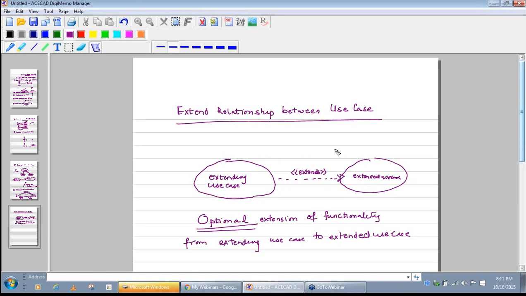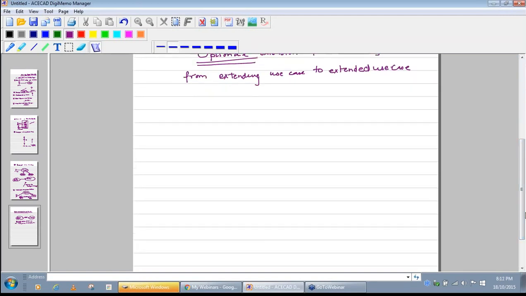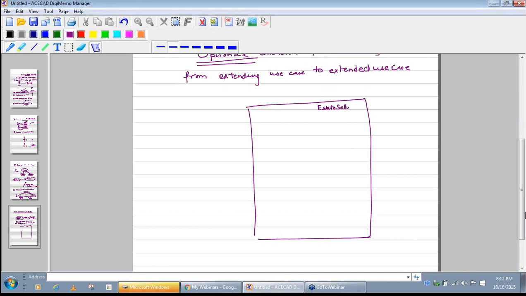So let us learn the extend relationship with an example. Let us think of an estate broking and selling system. So I will just make this diagram. So this is the estate selling and broking system.